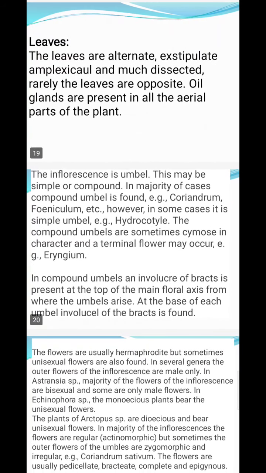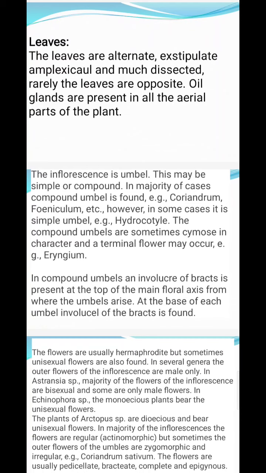Then regarding the inflorescence, in this the inflorescence is umbel. This may be simple or compound. So in the majority of cases umbel is found, for example, Coriandrum and Foeniculum. But the simple umbel is found in Hydrocotyle, and the compound umbel is found in Eryngium. So in these compound umbels, the cymose type of inflorescence is observed.